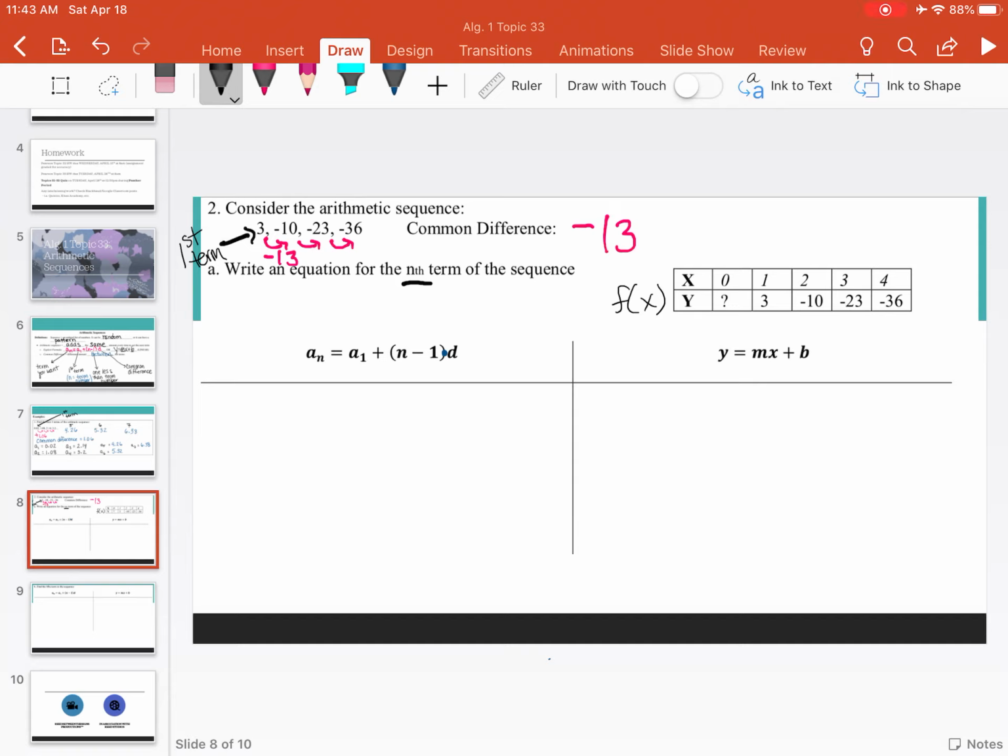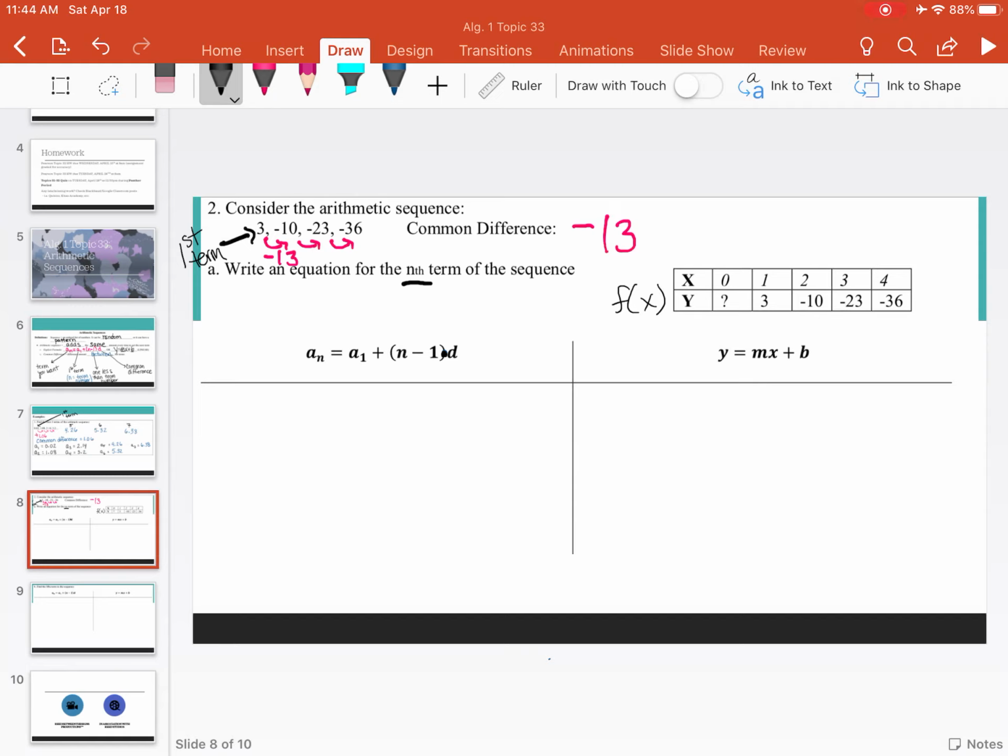So again, I'm going to show it in 2 different ways, depending on which explicit formula you might be using. So first, let's start off with what's commonly seen in some textbooks. A sub n equals a sub 1 plus the quantity n minus 1 times d. And notice here, I put a little multiplication dot here to represent that, yes, we're doing multiplication.